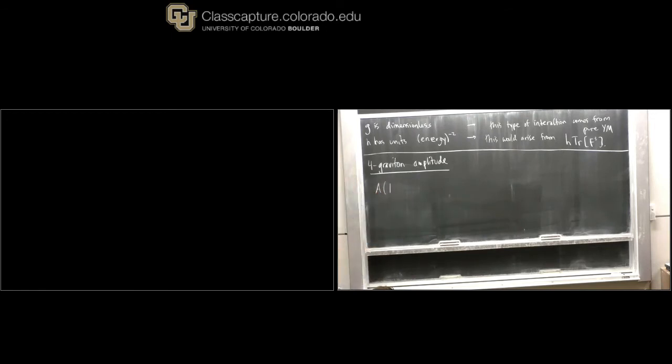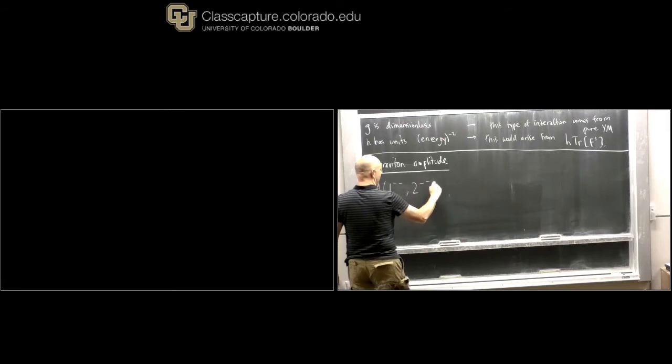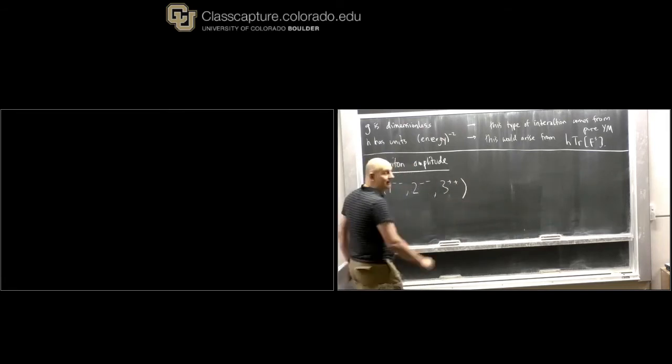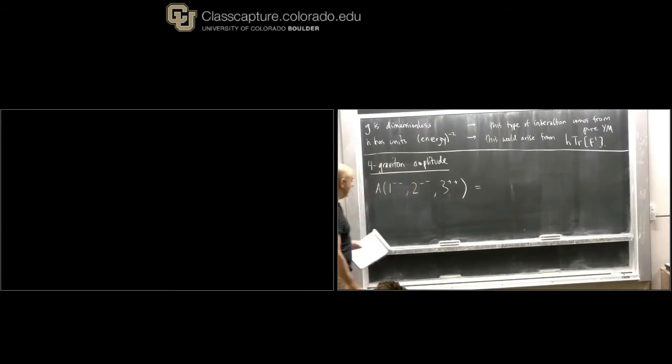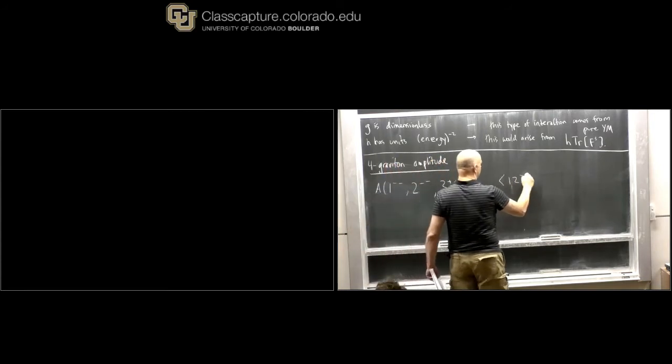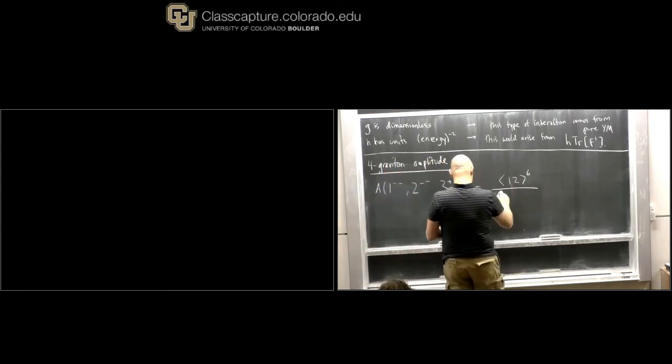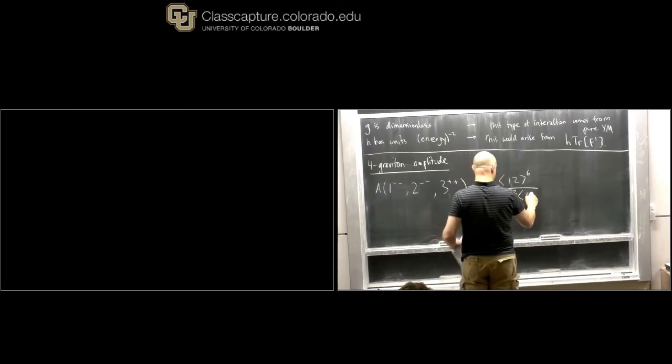A graviton is a spin 2 particle, so it comes in 2 helicity states, having helicity +2 or -2. It's conventional to denote the helicities by 2 minus signs or 2 plus signs. This notation unfortunately doesn't extend to fermions, because you can't have half a minus sign. Anyway, using the formula that I derived last time, you can immediately see that this amplitude has to be ⟨12⟩^6 over ⟨23⟩^2 ⟨31⟩^2.